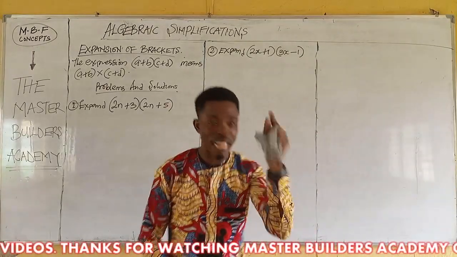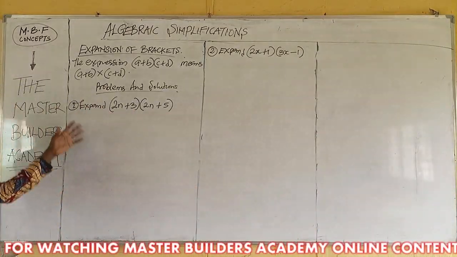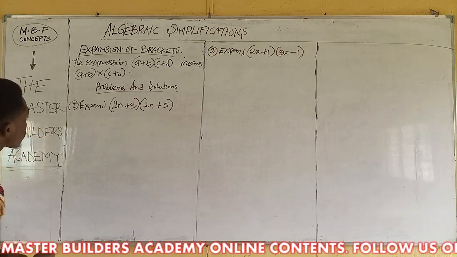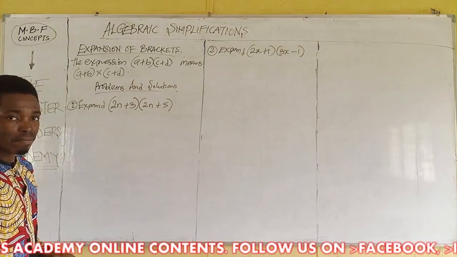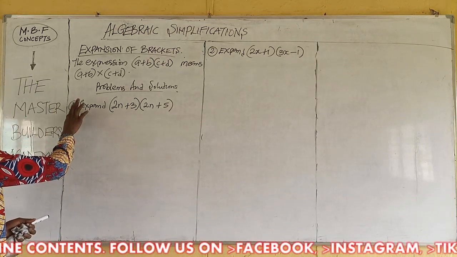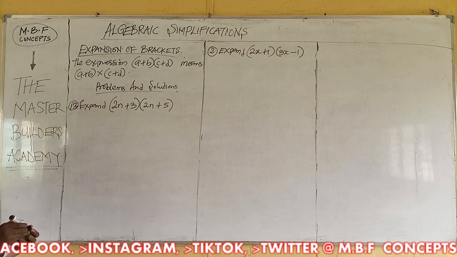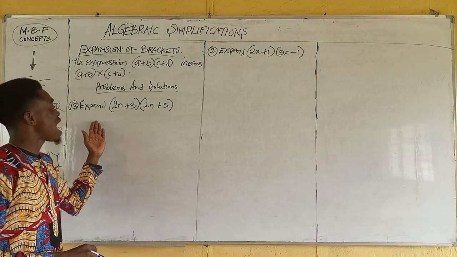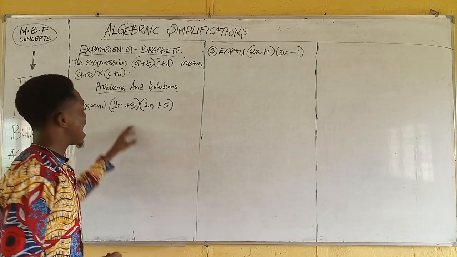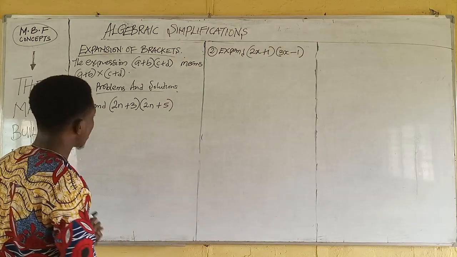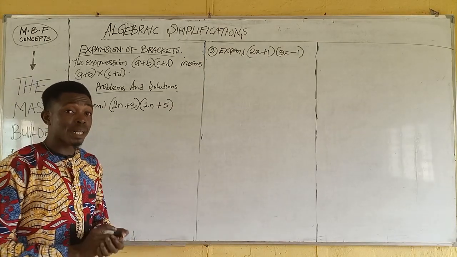Now, let's get started. On the board, we have question number 13. In this question, we are asked to expand (2n + 3)(2n + 5).